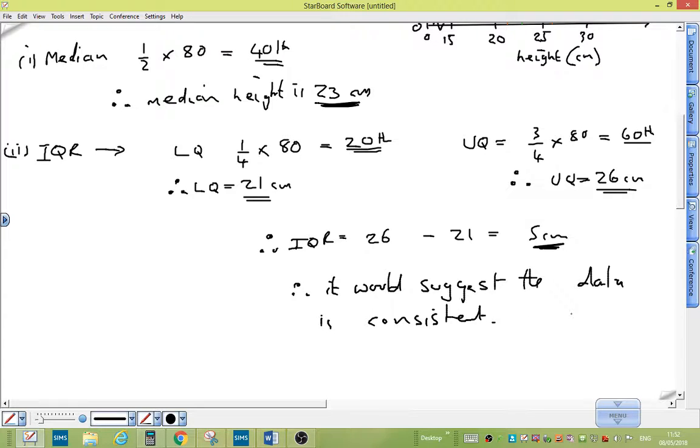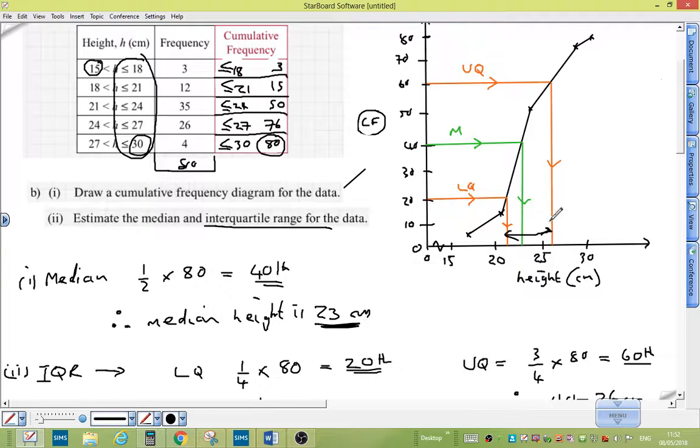Okay, it doesn't vary much, and therefore any conclusions you draw from it are going to be pretty accurate. Okay, the median is going to be pretty accurate. Most plants are going to be around 23 centimeters tall, and they only vary by 5 centimeters.